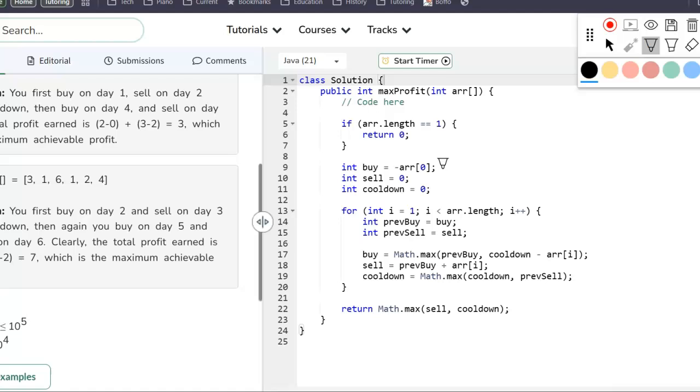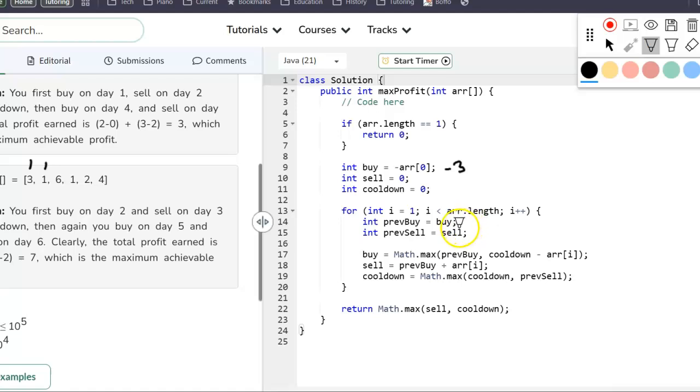And if we buy, and we're keeping track of our profit here, that's why it's negative, we are now at -3. We can't sell, we can't cool down, so those stay at 0. Now, that takes care of day 1. We're going to go to the next day and go through the rest of the array.